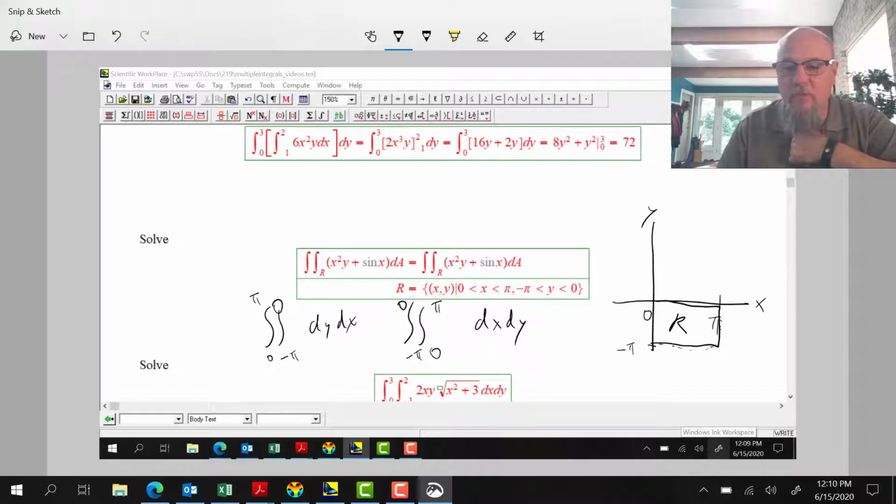So either one of these will be equivalent when I do the integration. So why would I pick one over the other? Well, sometimes the integration is easier one way over the other.